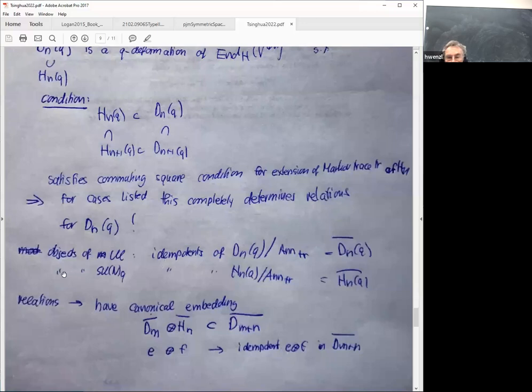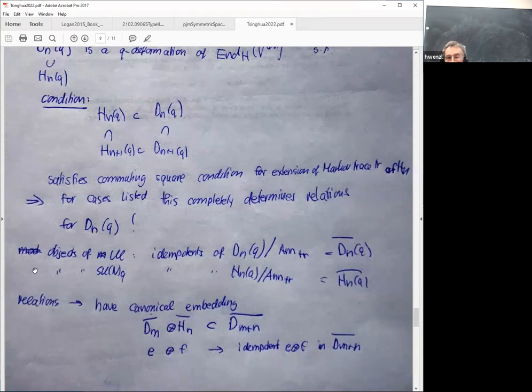Essentially, the objects of our M are just the idempotents of D and Q modulo negligible morphisms, or here modulo the ideal, which is given by the annihilator ideal of the trace. But anyway, it's just the morphisms coming from D and Q modulo negligible morphisms.